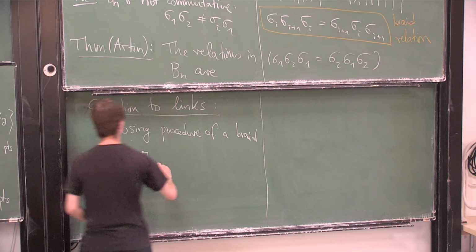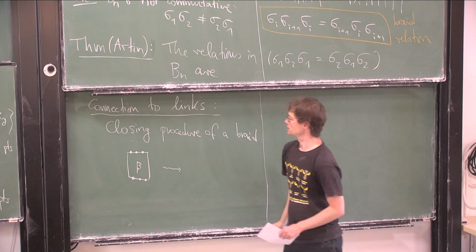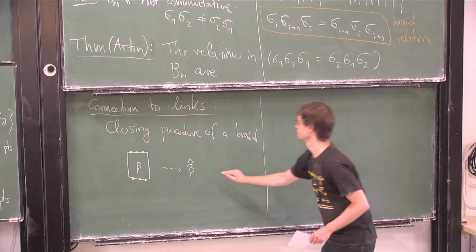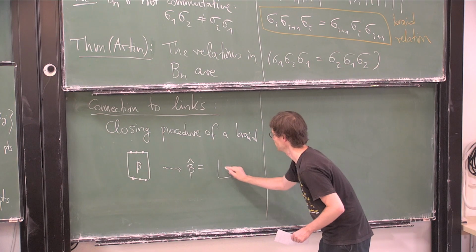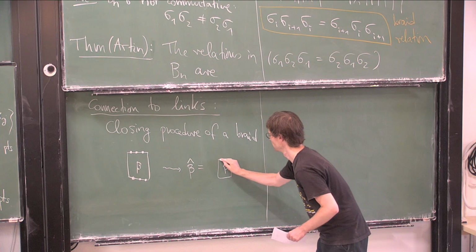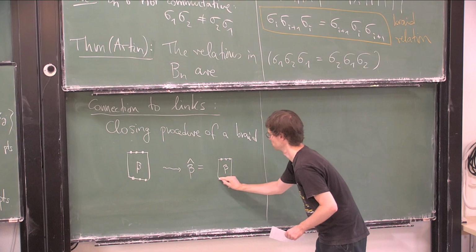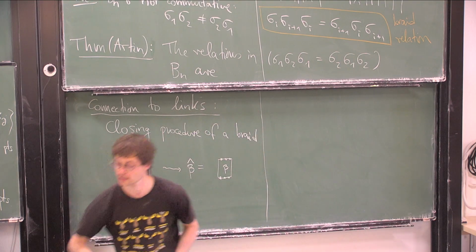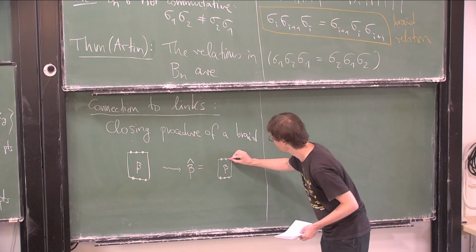And what you do is the following. The result I denote by beta hat. So you take this beta, and you connect the bottom to the top, like this.